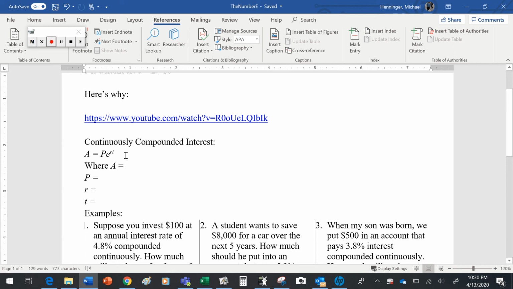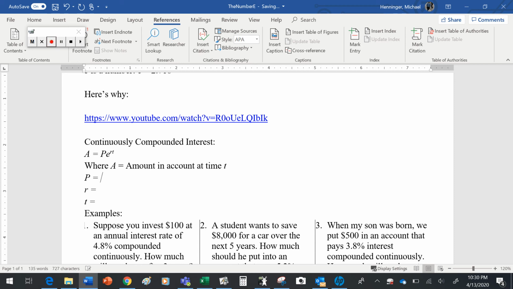A real easy way to remember that is it looks kind of like a nonsense word, Pert. Now, what's really important is what each of those variables represent. A still represents the amount in the account at time t, just like last time.